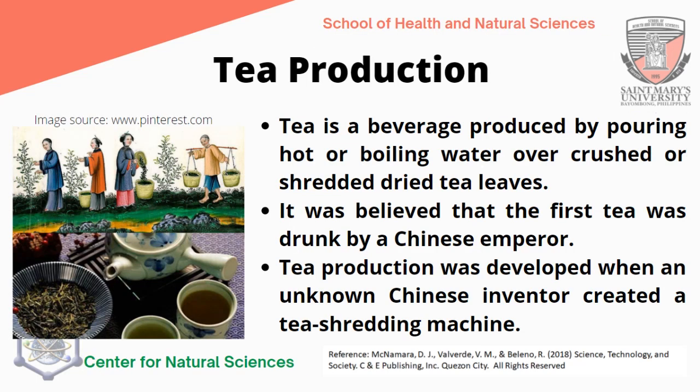Tea production. Tea is a beverage produced by pouring hot or boiling water over crushed or shredded dried tea leaves. And yes, there is a beneficial medicinal value of tea drinking. It was believed that the first tea was drunk by a Chinese emperor. Tea production was developed when an unknown Chinese inventor created a tea shredding machine.